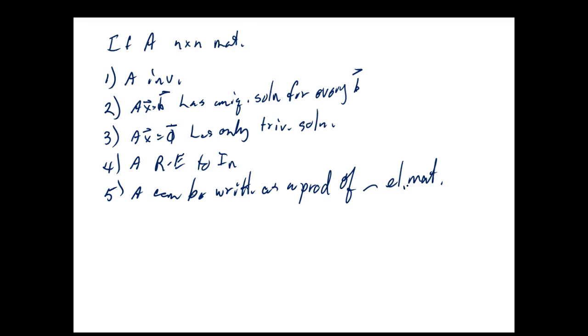If you had a lower triangular matrix with zeros up here, your determinant winds up being the product of the diagonals. And if one of those is zero, then your determinant is zero, and if your determinant is zero, it's singular. So I don't think any of those diagonal entries can be zero.